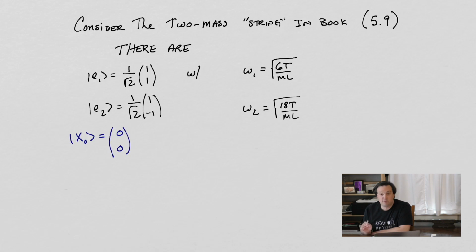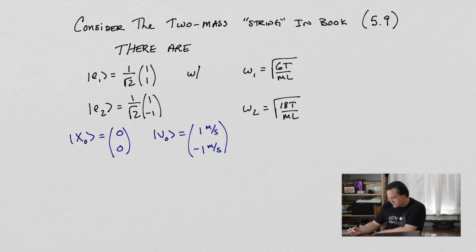So neither of the blocks are displaced, but I can make it so my initial velocity is kind of cool. I'll make it so that the one on the left is moving to the right with, say, 1 unit of speed. I should be careful here. I have all of my units in this expression, so I'll talk about 1 meter per second, and I'll have the one on the right moving backwards at 1 meter per second.